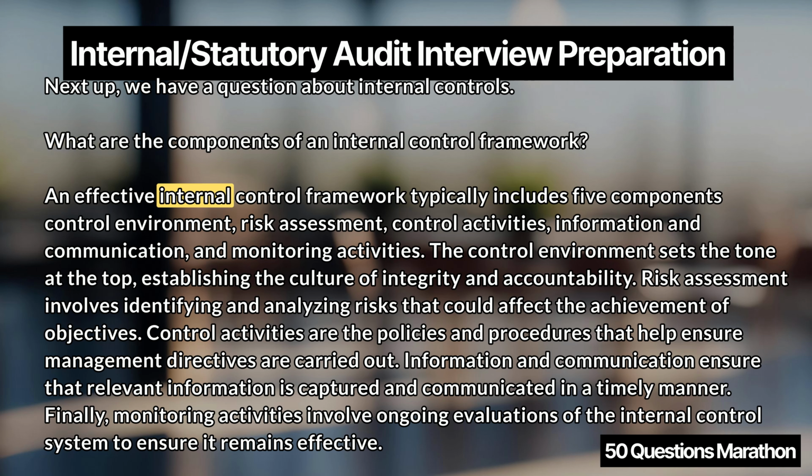An effective internal control framework typically includes 5 components: control environment, risk assessment, control activities, information and communication, and monitoring activities. The control environment sets the tone at the top, establishing the culture of integrity and accountability. Risk assessment involves identifying and analyzing risks that could affect the achievement of objectives.